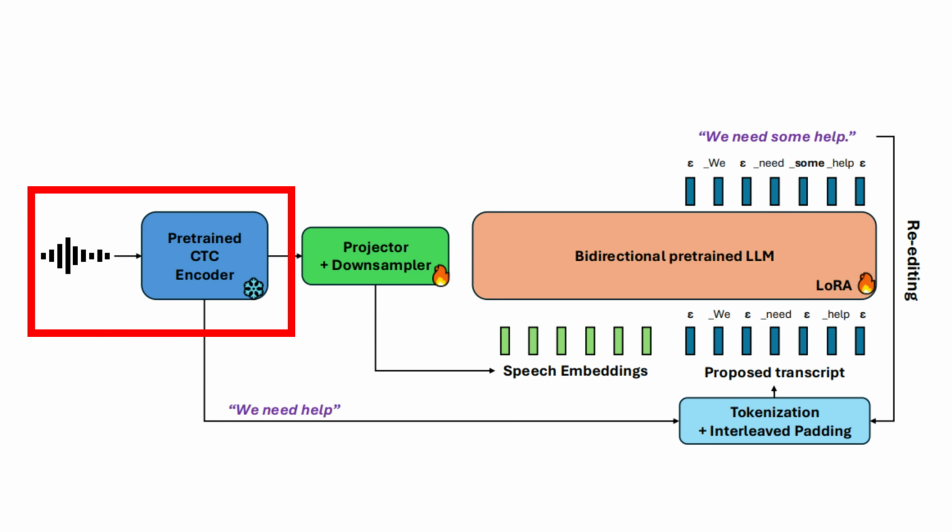So here's how it works. Step one is this frozen encoder that runs over the audio and produces a draft transcript. And this kind of CTC encoder is pretty cheap and fast to run. And it gets you most of the way there. In fact, if you look at the drafts, you'll see that they're usually pretty correct.